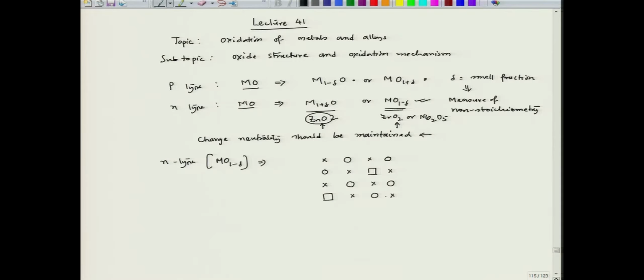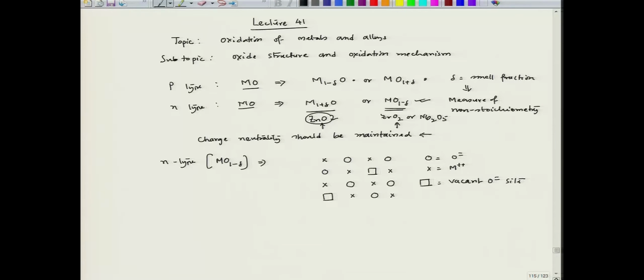So now, with a simplistic approach, here this is the oxygen anion, this is the metal cation, and this is the vacant oxygen anion site. Here we have two vacant anion sites, so that means we have 4 extra positive charges.